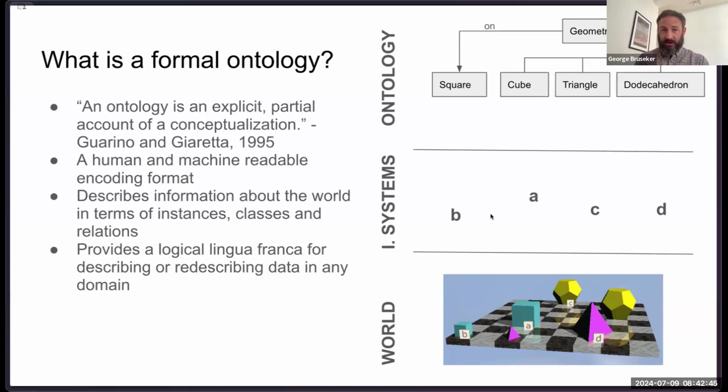It describes information about the world in terms of instances, that's real things in the world; classes, those are ways of categorizing the kinds of things that we talk about; and relations are the kinds of things that we want to be able to say about them. And this is supposed to be a lingua franca for allowing us to join up seemingly disparate datasets that are in potentially different data structures and re-express them in a common language.